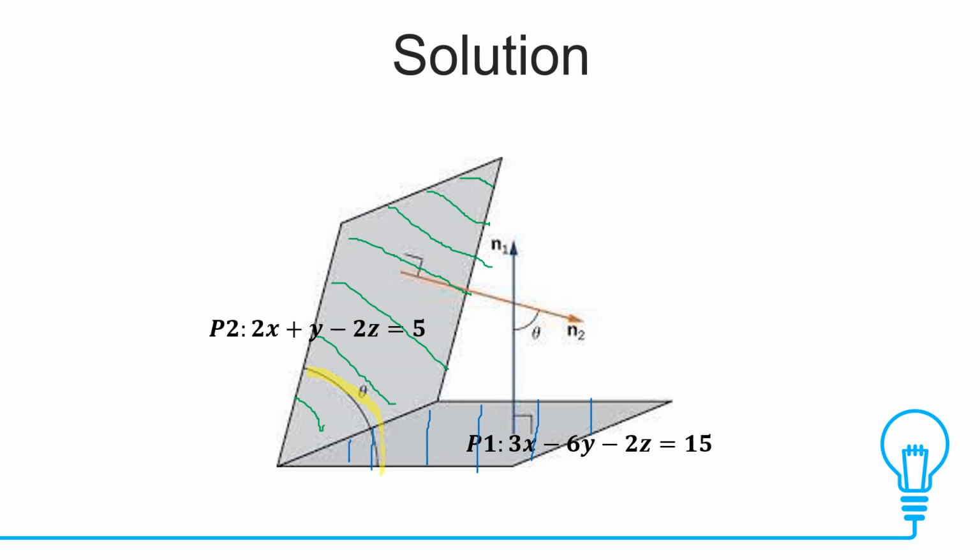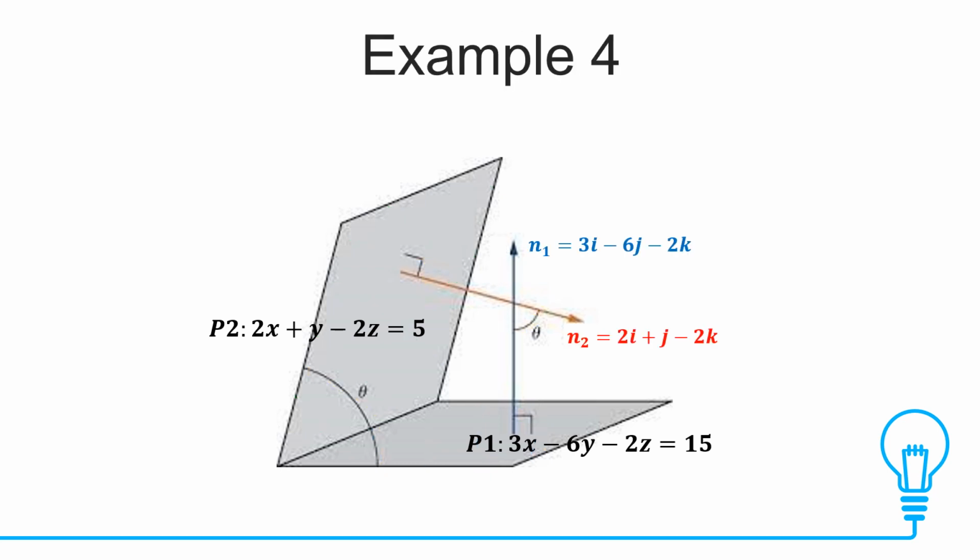Basically, we found that the angle between planes is equal to the angle between the vector that is perpendicular to plane P1 and a vector that is perpendicular to plane P2. The vector perpendicular to plane P1, let's name it N1, is equal to 3i minus 6j minus 2k, and we can determine it directly from the equation of plane by referring to the coefficients of x, y, and z.